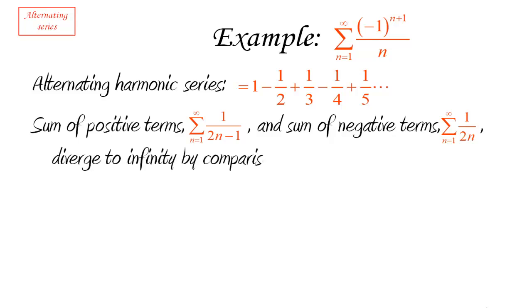Both of these series actually diverge to infinity, and that's easy to prove by comparing them with the usual harmonic series. The second one is just 1/2 of a regular harmonic series. The other one is not quite 1/2, but again, by a comparison test, you can check that it diverges.